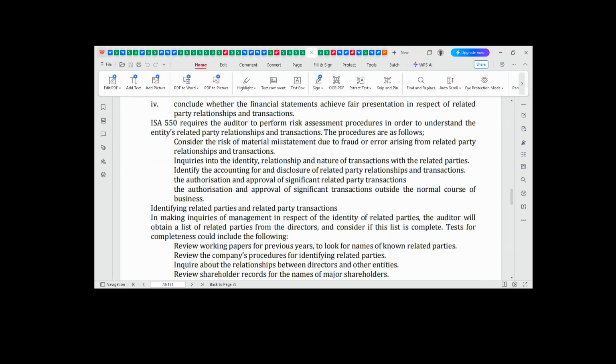Remember, before I came to this area, I already told you that the auditor will look at the effect of these related party transactions on the financial statements and ultimately decide whether to qualify his audit report. You can see that that is not contained here. So this one is just the first stage of checking the related party transactions.